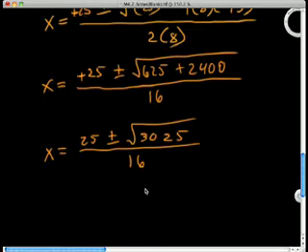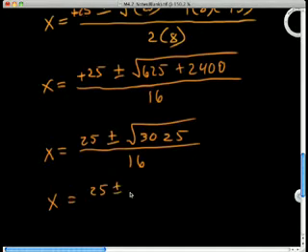And I'm going to get, let me see, I'm using my calculator again. Second square root of 3025 equals 55. Oh, so this problem was factorable, actually.